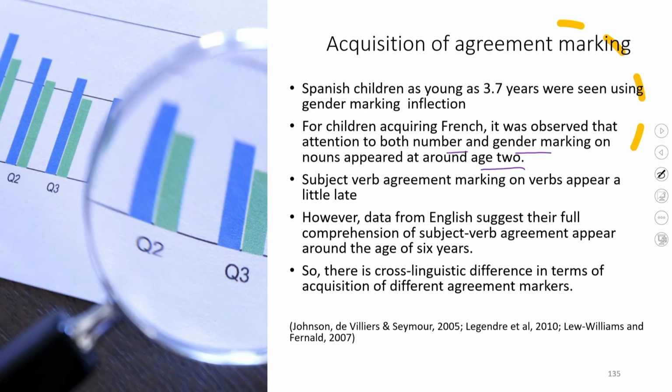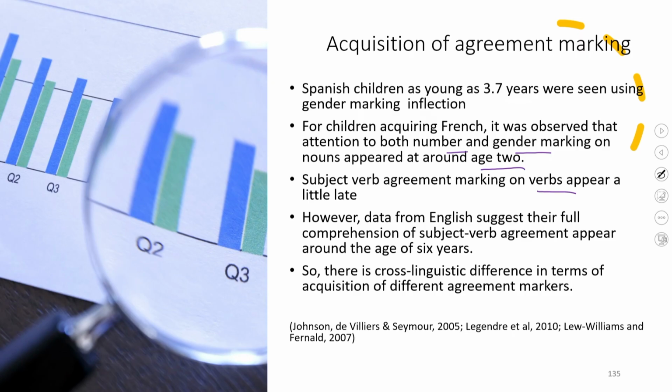Spanish children learn gender marking inflection at 3.7 years, whereas French children learn both number and gender at age 2. Subject verb agreement marking on verbs, however, appears a little late. That is because verbs and verb inflections are typically later than nouns and noun inflections. Probably that is how it happened here as well.